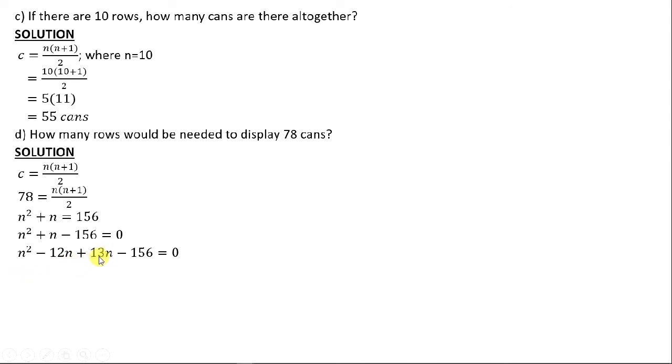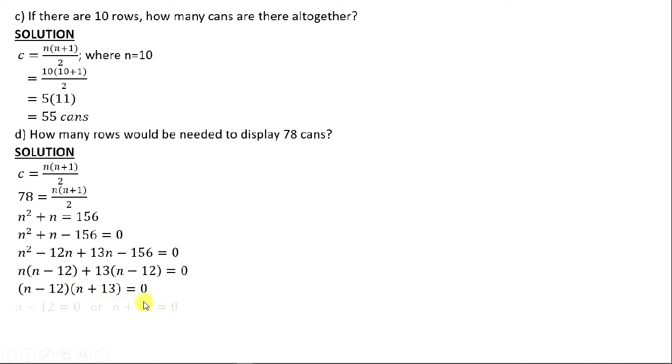What is common between 13n and negative 156? 13. Let's factorize that. So when we remove our n, we remain with n minus 12. When we remove a 13 here, we remain with n minus 12. So you find that we are going to have a common factor n minus 12. We'll group what has remained, n plus 13. So let's do that. So we get a common factor n minus 12, and then we'll group what has remained, n plus 13, equate it to 0.